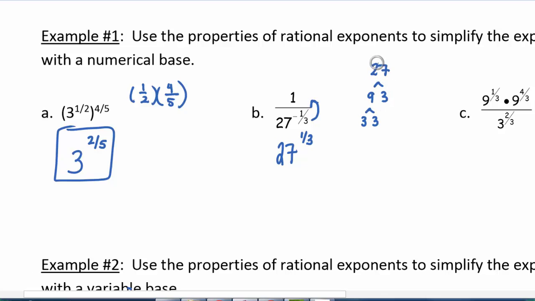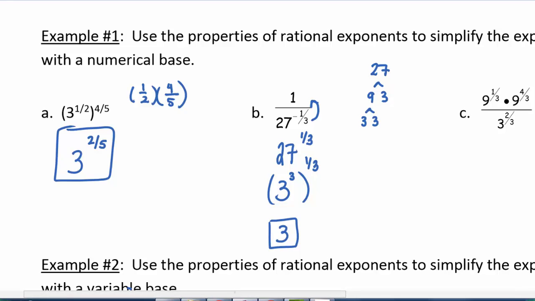So I can say that 27 is 3 times 3 times 3, which is 3 to the 3rd, right? That's 27. But then I still have to raise it to the 1/3 power. Okay, now I have power to a power, which I need to multiply. And 3 times 1/3 is just 1, so my answer is 3.